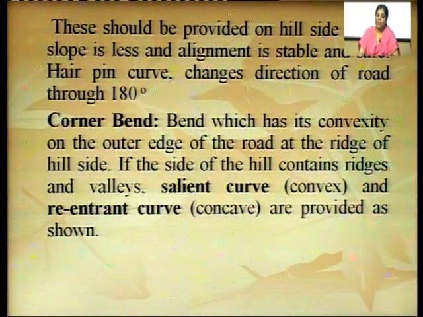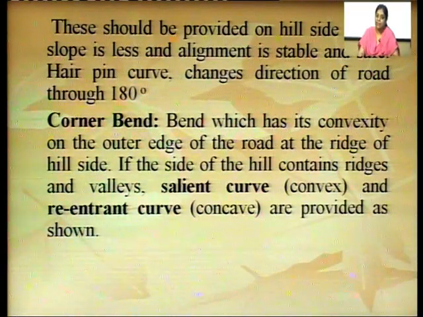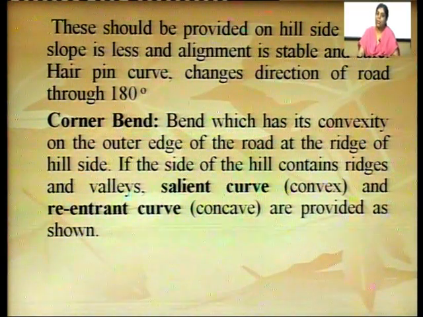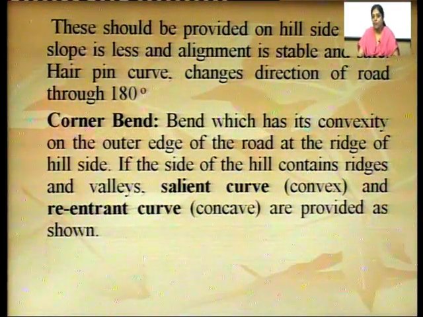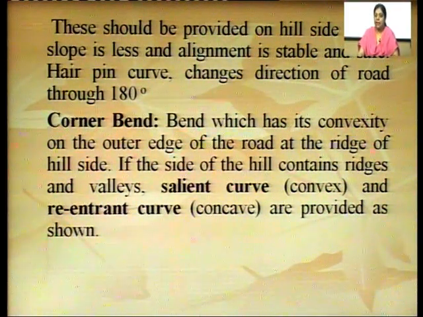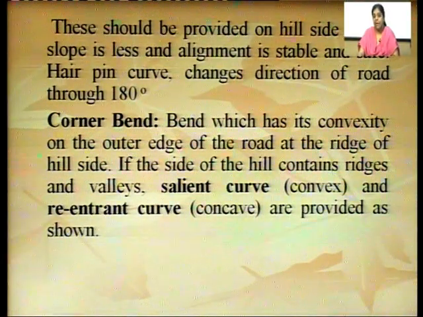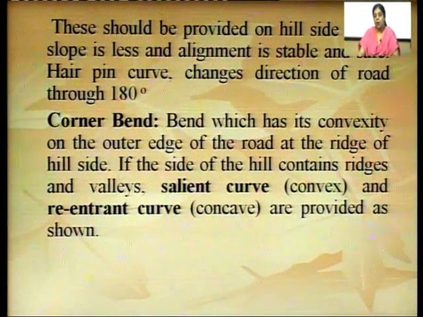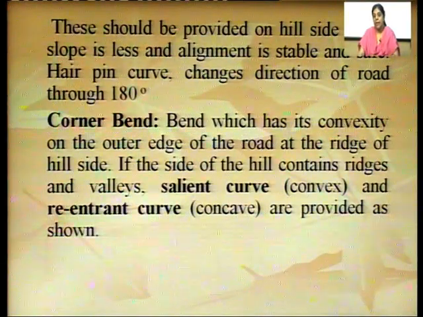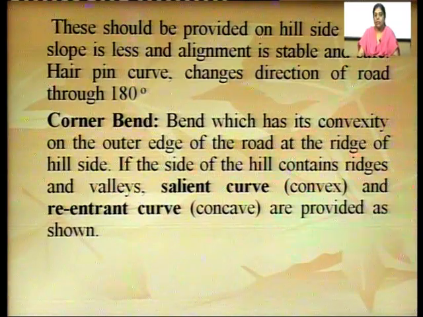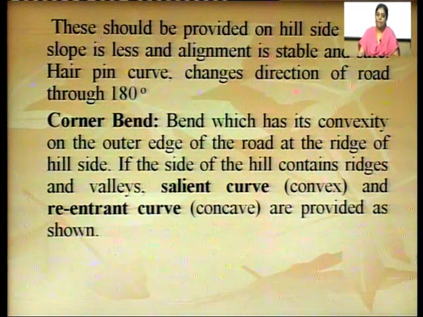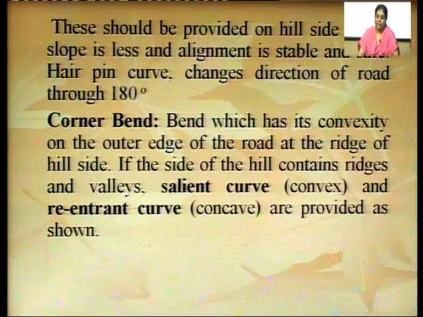So, a bend which has its convexity on the outer edge of the road or at the ridge of the hillside, if it is convex outwards, is called a corner bend.